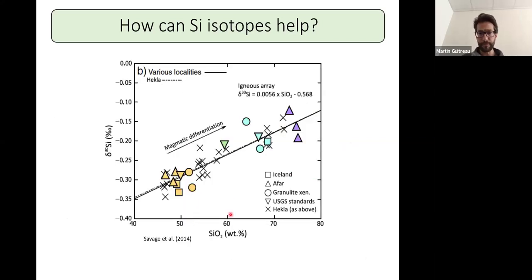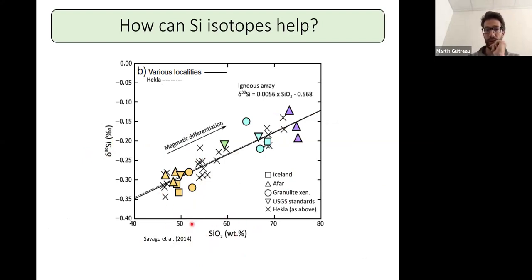The Savage group published a series of papers on silicon isotopes in granitoids. This is from a compilation, but the original figure was published in 2010. When you look at volcanic rocks and a series also of plutonic rocks, you see their silicon isotope composition versus their silica content.